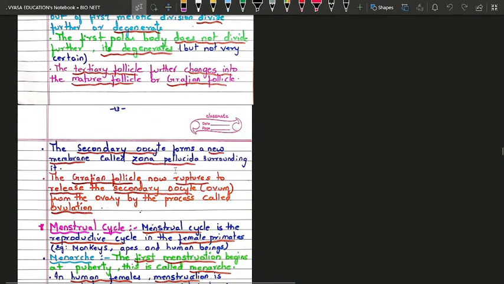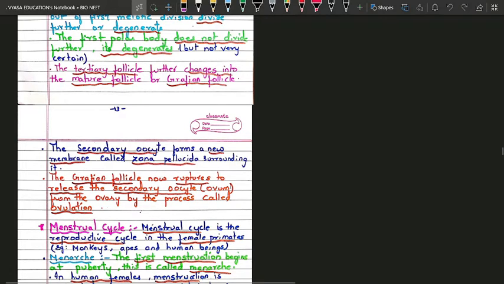The secondary oocyte forms a new membrane called the zona pellucida surrounding it. Then the Graafian follicle now ruptures to release the secondary oocyte, that is the ovum. Secondary oocyte is the ovum. The Graafian follicle ruptures.